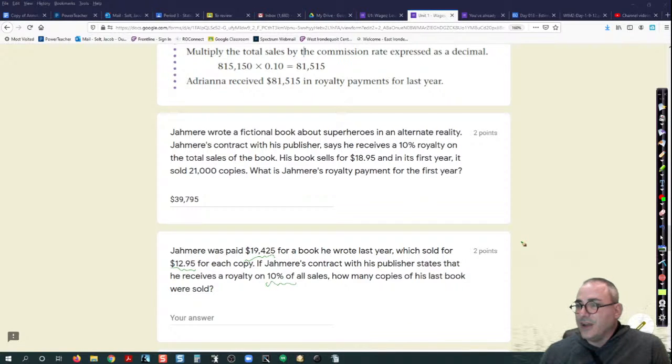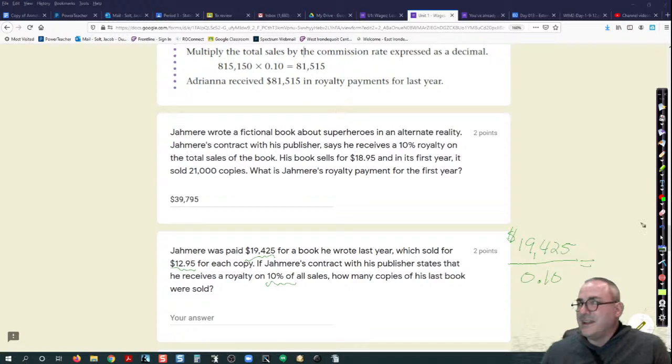If we know he was paid $19,425, and we know that he was paid 10% of total sales, if I divide this number by 0.10, I'm going to get total sales. Before we were multiplying by 0.10 to find the royalty payment. Now we're undoing that computation in order to find total sales.